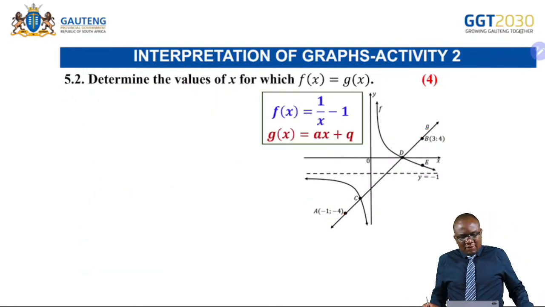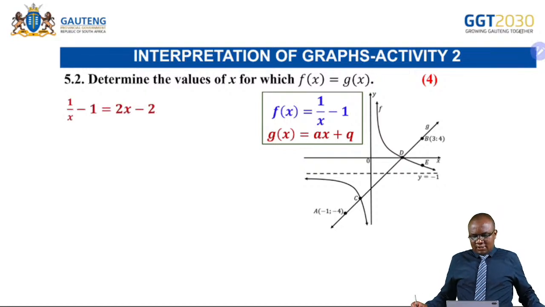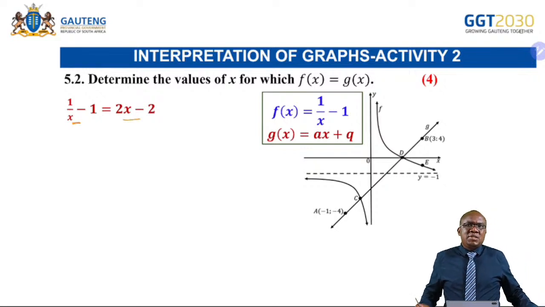5.2, determine the values of x for which f of x is equal to g of x. We have talked about this being a point of intersection, so equate the functions. This is your f of x, this is your g of x, and then we solve for x.